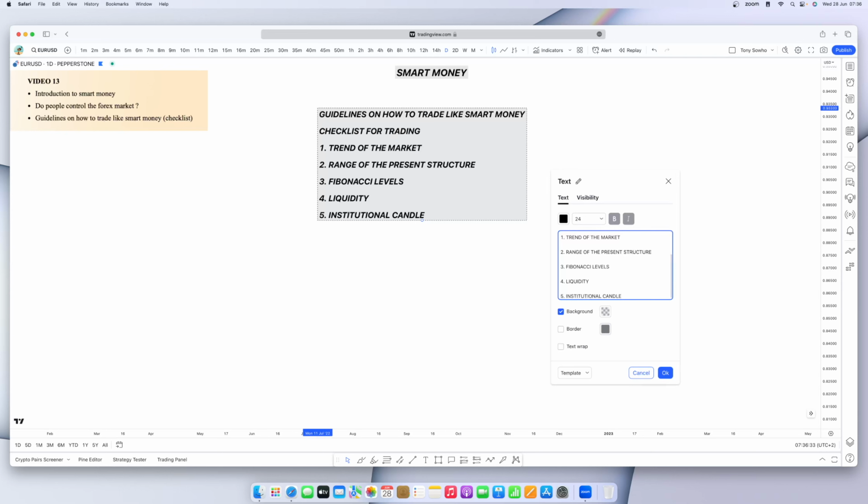So: trend of the market, range of the present structure, Fibonacci levels, liquidity, institutional candle. Number five is what we call the entry candle. You see, entry candle, number five. That's it.